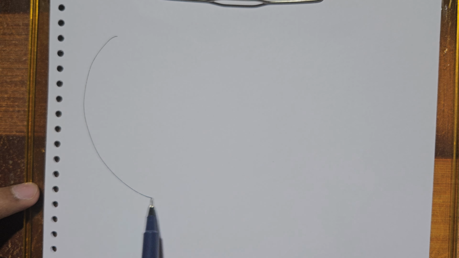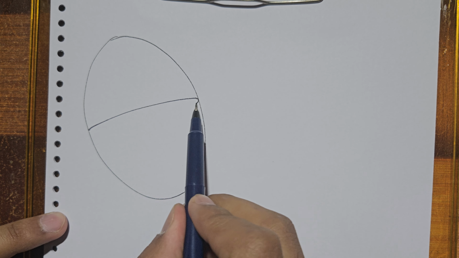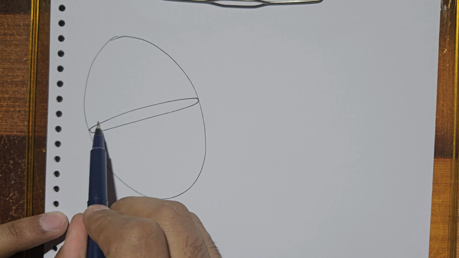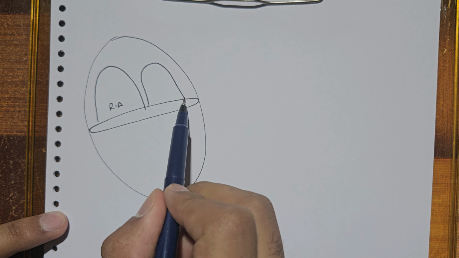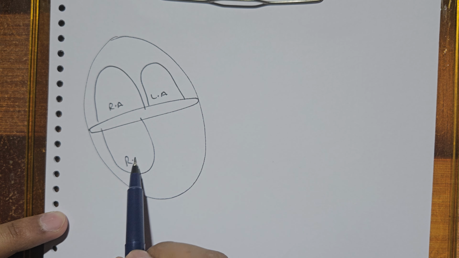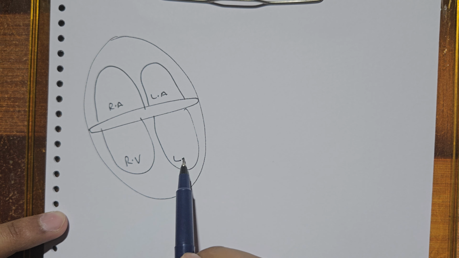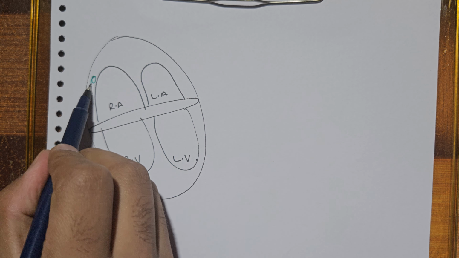Now moving forward, let's make a structure of the heart. Let's suppose this is a rough diagram of a heart. This right here is the right atrium. This is the left atrium. This is the right ventricle, and this is the left ventricle. In this heart, there is a structure in the right atrium.